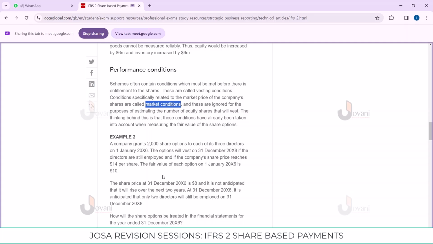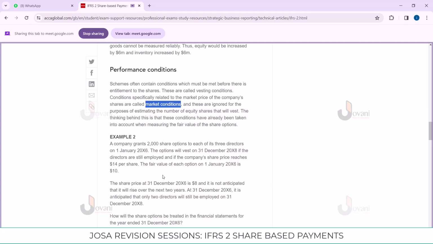Now at that point, they have put a condition that for you to exercise your rights of the options, the share price should be at this market price. So when you're calculating how much to vest, you do not consider that condition. Why? Because we have already taken it into account when estimating the fair value of the share options.